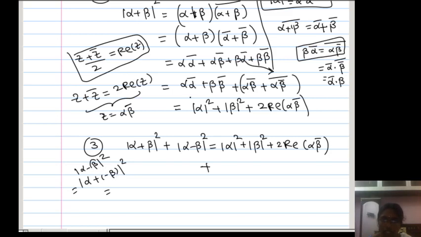Whatever the formula here, same formula, but instead of β you have here −β. I am applying the same formula like this only: |α|² + |−β|², which again is |β|², plus 2 Re(α, but instead of β you have −β).